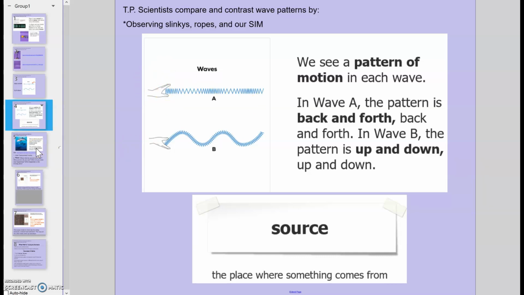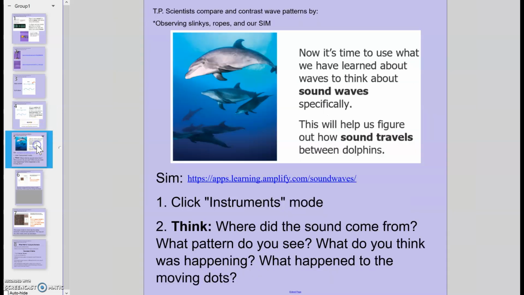Now, there are many different types of energy. We have kinetic, which is motion energy that we just studied. We have light energy, thermal energy, chemical energy. But now we just want to focus on sound energy and sound waves specifically, since that's going to help us figure out how the sound travels between the dolphins.